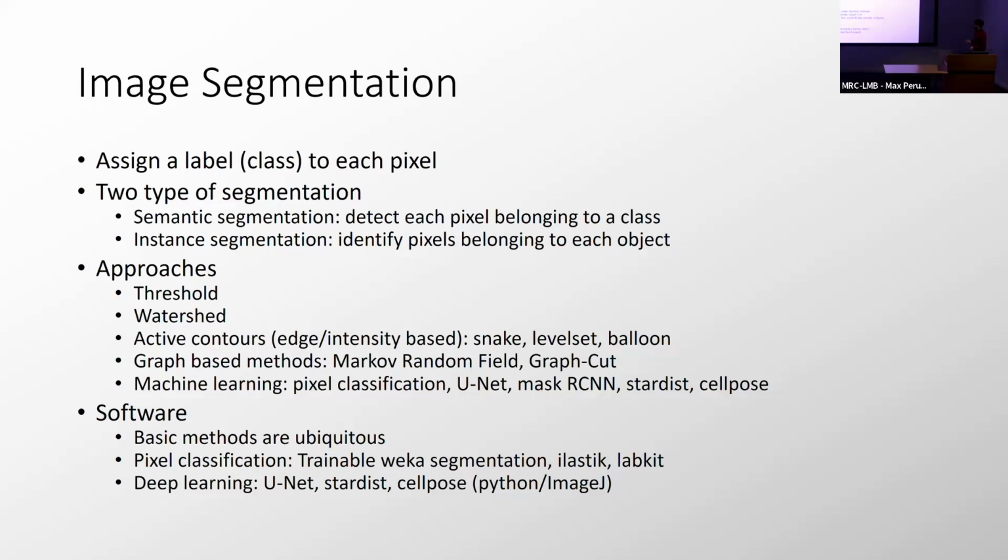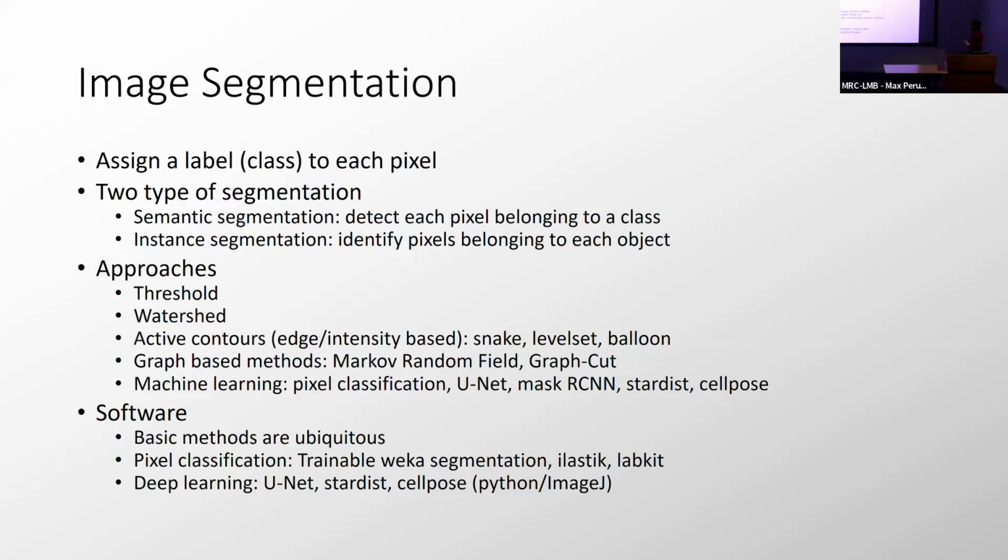And then you have all these machine learning approaches, where you could have pixel classification, where you train by giving examples of pixels which belong to different classes, and then the classifier will extract some features. So it applies different filters to the image, and at each pixel tries to decide to which class the new pixel you didn't label belongs.